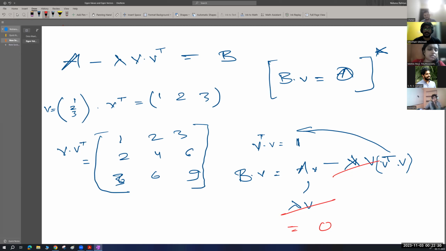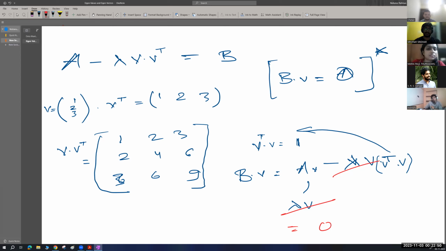That will be 0. So now the resulting A minus lambda V V transpose, if we do the same process that we did for A to find the first eigenvector V, then we'll end up finding the second eigenvector, right? Can we try it in NumPy? Let's take some example and see what's happening.